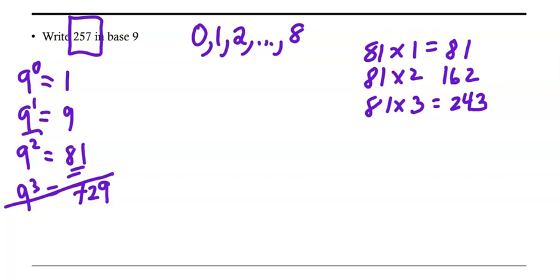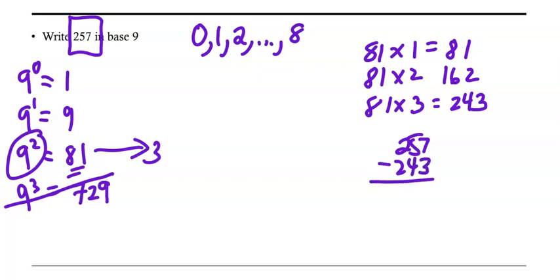So that means 9 to the second, which is the 81, goes into our number 3 times. Okay, but now we have to realize that we're trying to represent 257. So far, we've got 243 accounted for. So we just subtract there and do 257 minus the 243. And we realize that we have 14 left over.